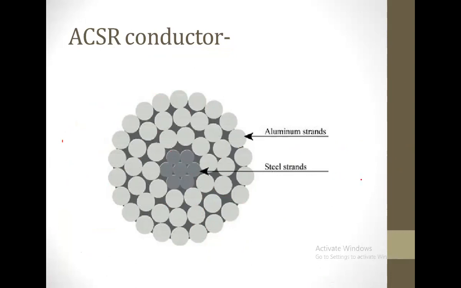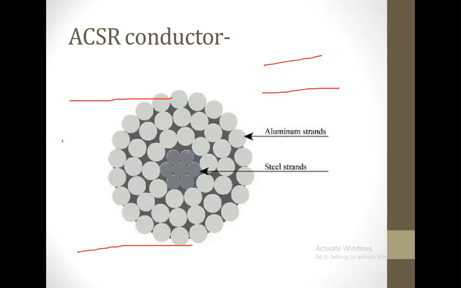Okay, so the total diameter means what? This is the total diameter of the conductor. So all strands and all layers will come in the single conductor. Suppose the conductor is like this, so in that conductor the structure will be like this.